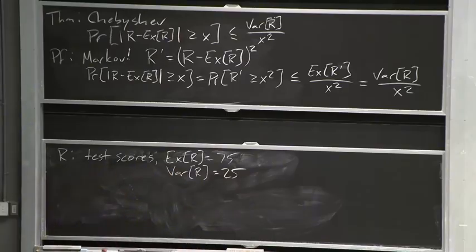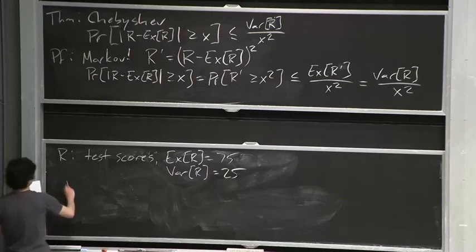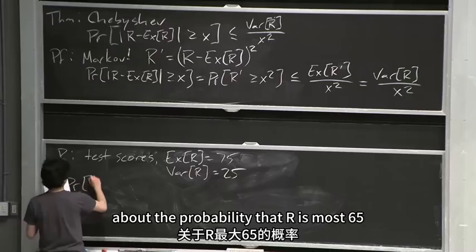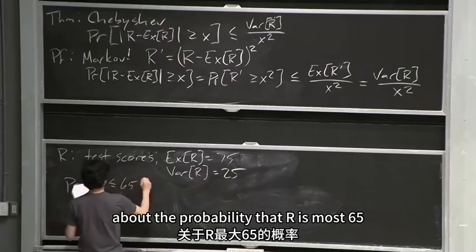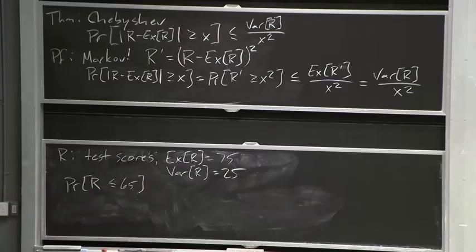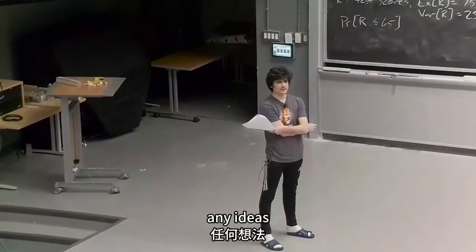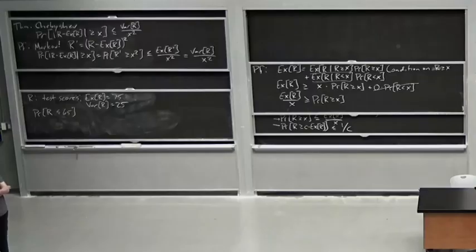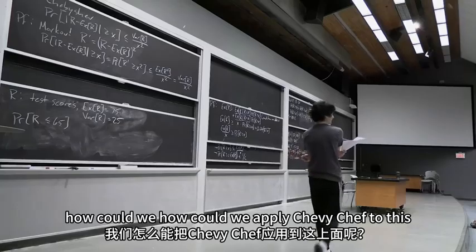So now what can we say about the probability that R is at most 65? Any ideas? How could we apply Chebyshev to this?